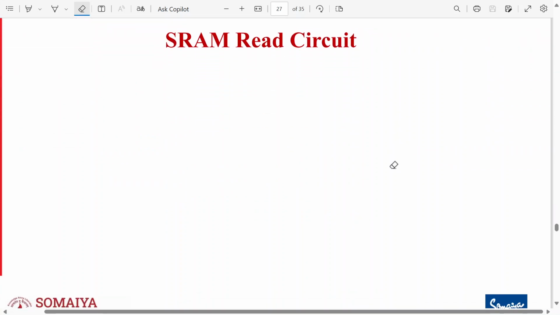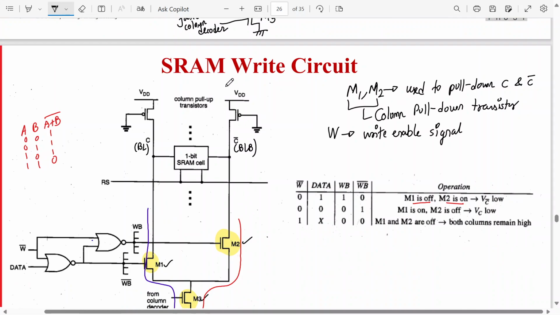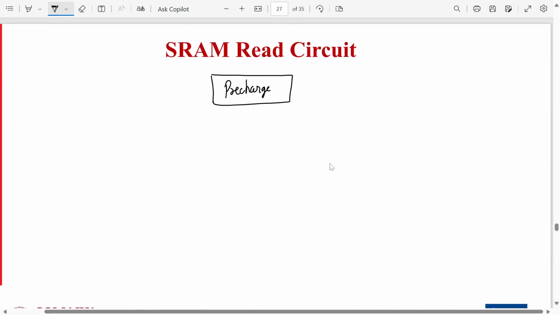Okay. Now, see, we have talked about it many times. We have drawn the 6T SRAM cell, and we talked about something else. This is pre-charge. Pre-charge means this phase, and then comes the 6T SRAM cell.